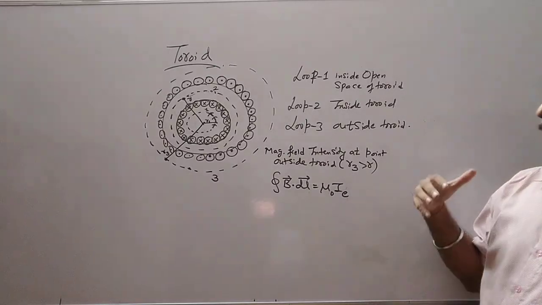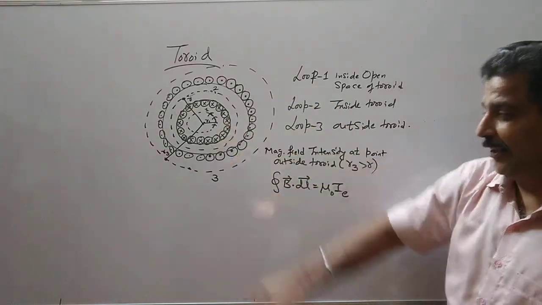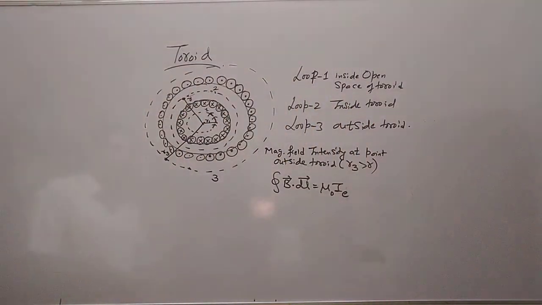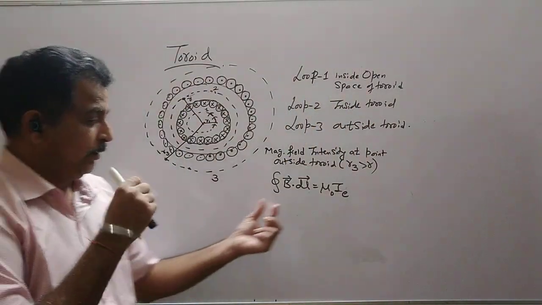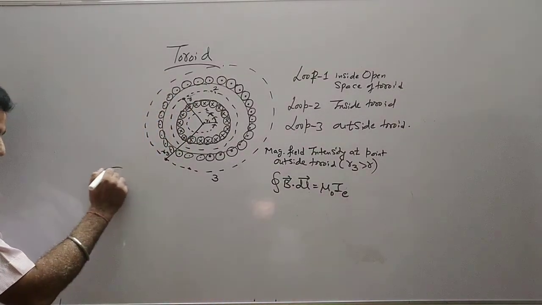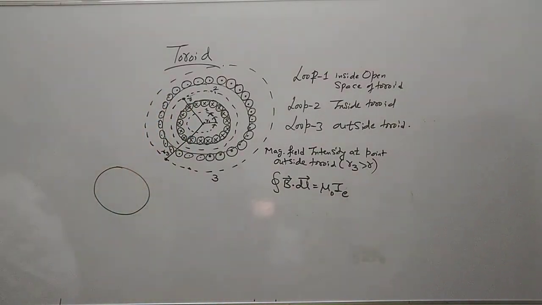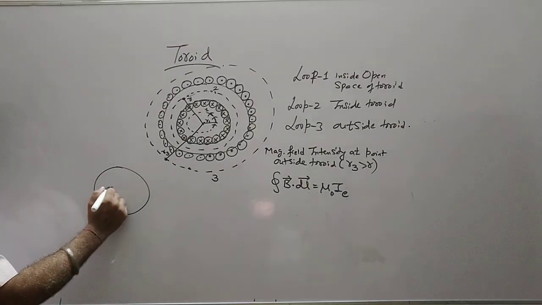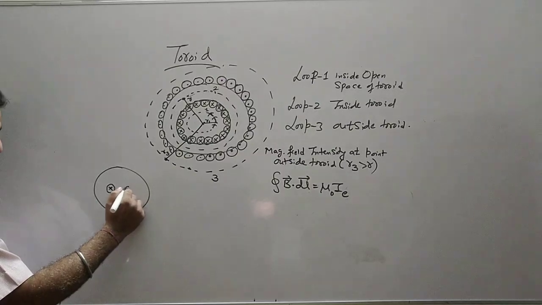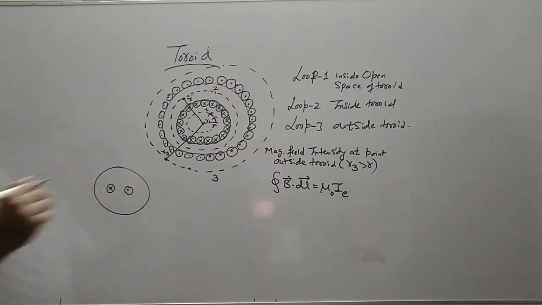But when you try to closely see the diagram, what will happen, if you remember the Ampere circuital law, suppose in this Amperian loop, I take two currents, one is going in and one is coming out.